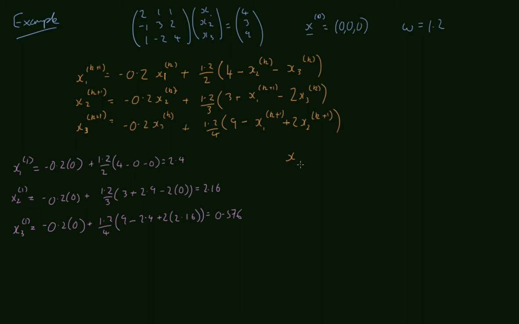Second iteration, so this time minus 0.2 times 2.4, and this is plus 1.2 over 2, 4 minus 2.16 minus 0.576.